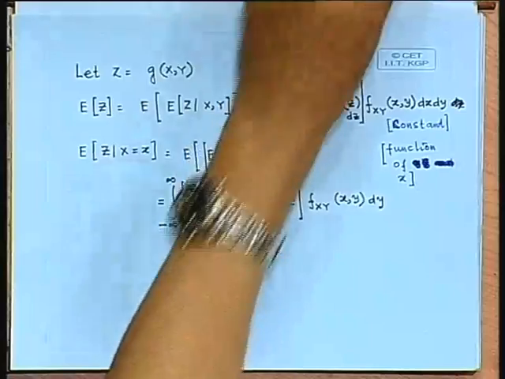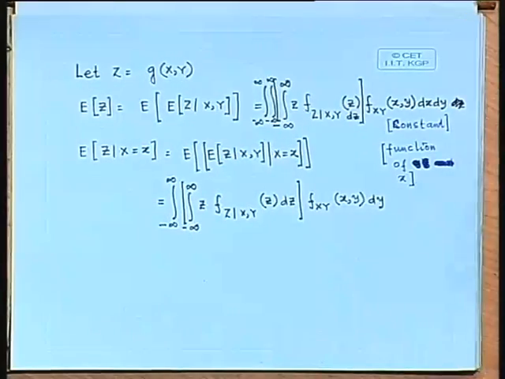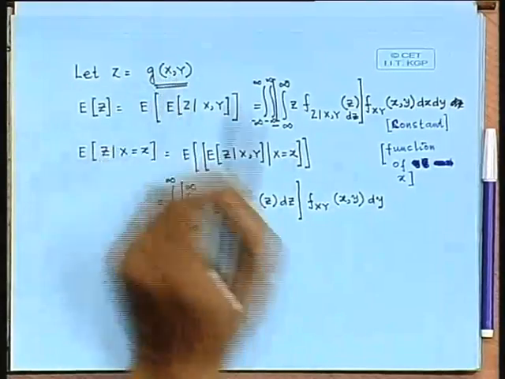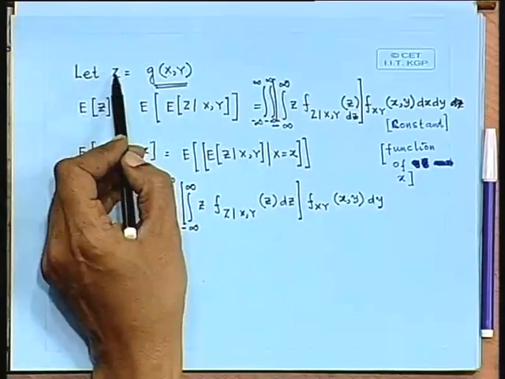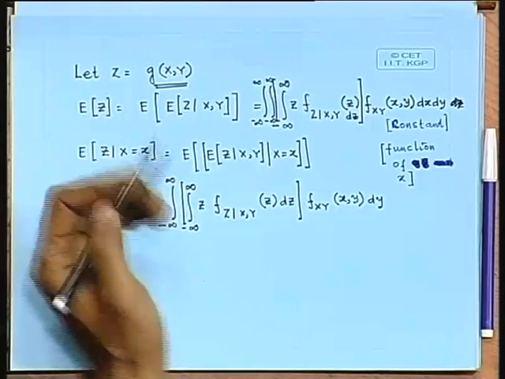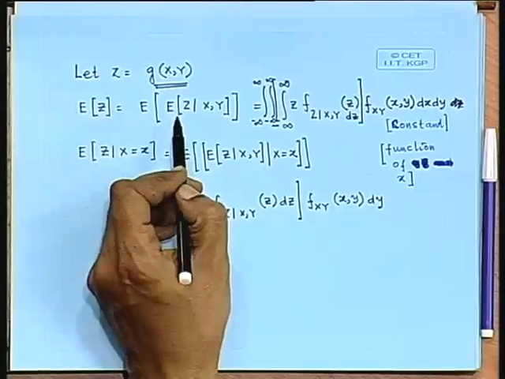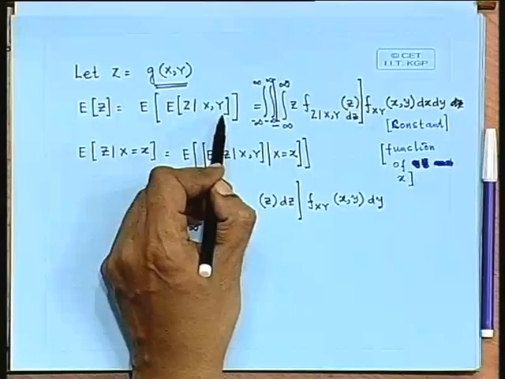Next, we can extend this same thing to functions of two random variables. For example, if you have z equal to g(x,y), so you have two random variables x and y, and z is a function of them. Now what is the expectation of z? Obviously it is the expectation of z given x,y.